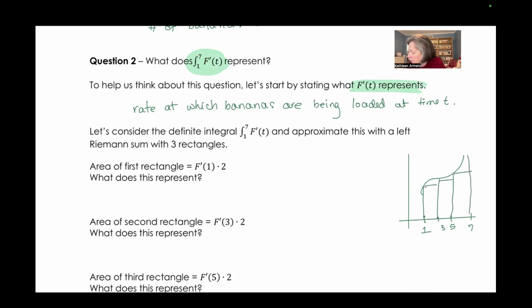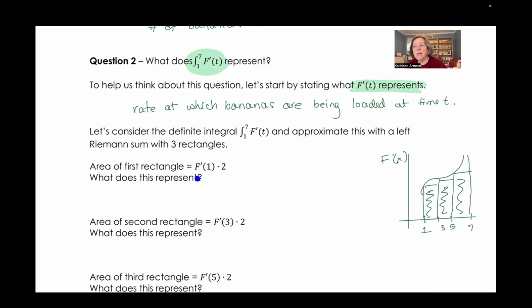And so these are my 3 rectangles. The area of the first rectangle would be the function at 1, and remember the function is f prime. I should maybe write that up here. This is f prime of x. So that would be giving me this height, and the width is 2.